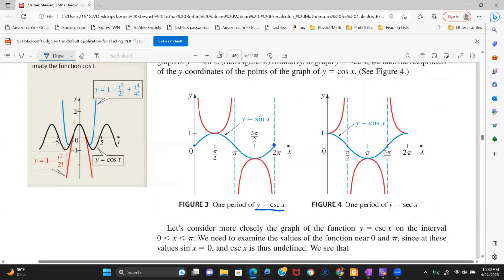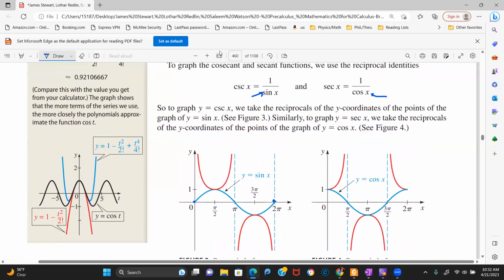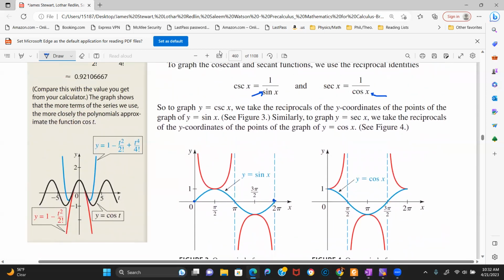So this is one period of cosecant x. Sine of x is 0 when x is 0, x is pi, and x is 2 pi. So you're going to have asymptotes at these points.